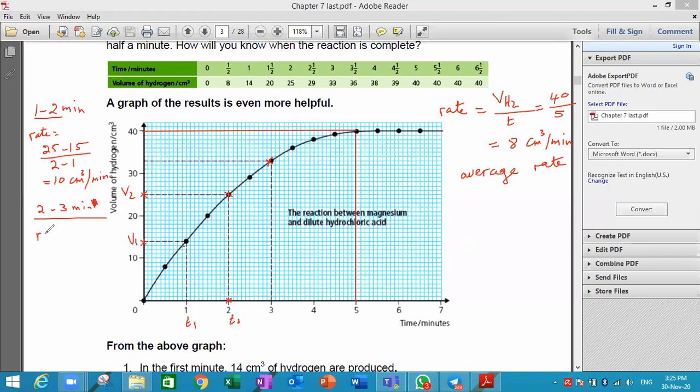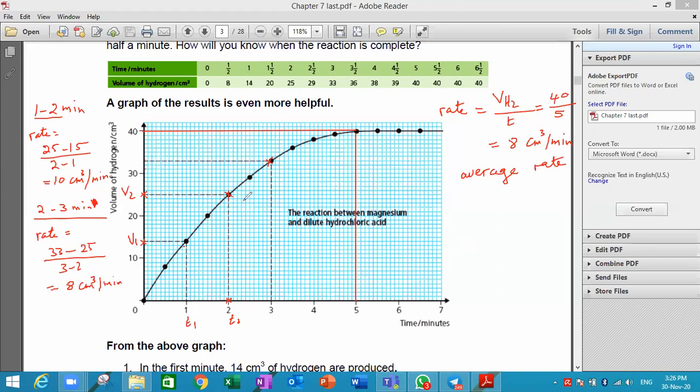So the rate equals 33 minus 25 divided by 3 minus 2. This makes 8 centimeter cube per minute.